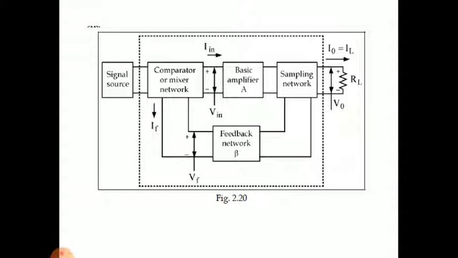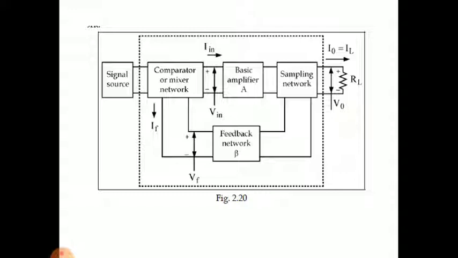Mixer network mixes two or more signals, so we have one signal as source signal and another signal is coming from the feedback network, and the output of this comparator or mixer network is given to the basic amplifier, and the amplifier's output is provided across the load resistor RL, that is the V output.